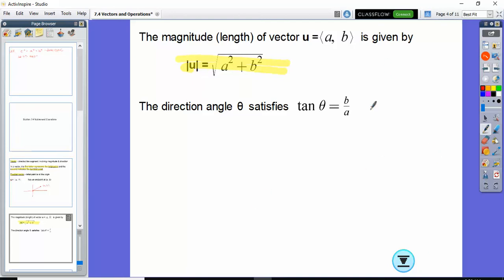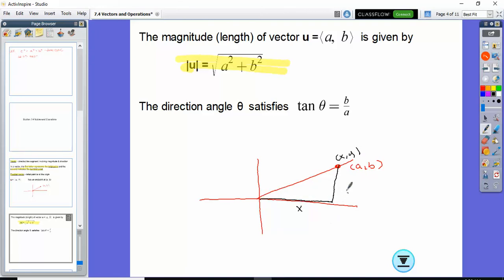If you think about this, I told you that AB is just the endpoint. If instead I had called that X and Y, and we thought about it in terms of triangles, your horizontal is your X, your vertical is your Y, and we used to call this R, didn't we?